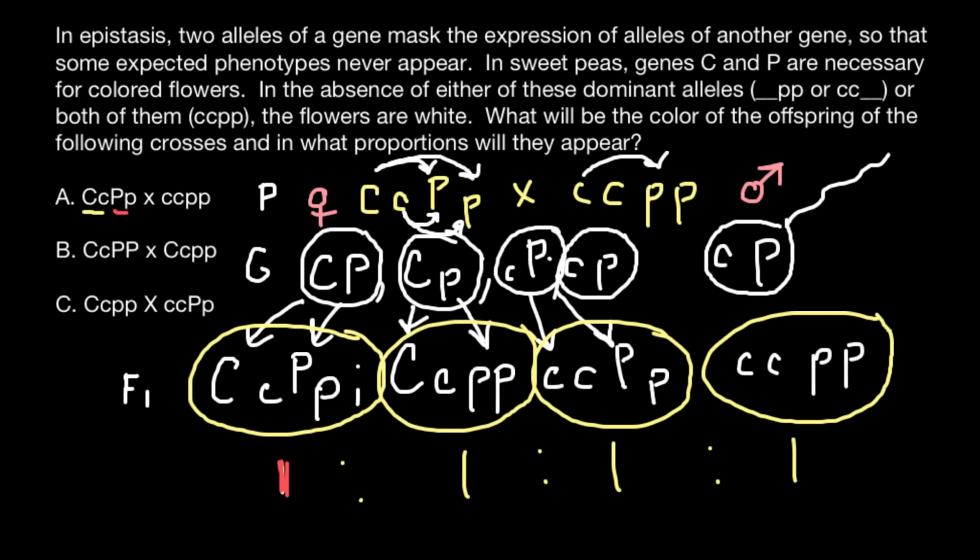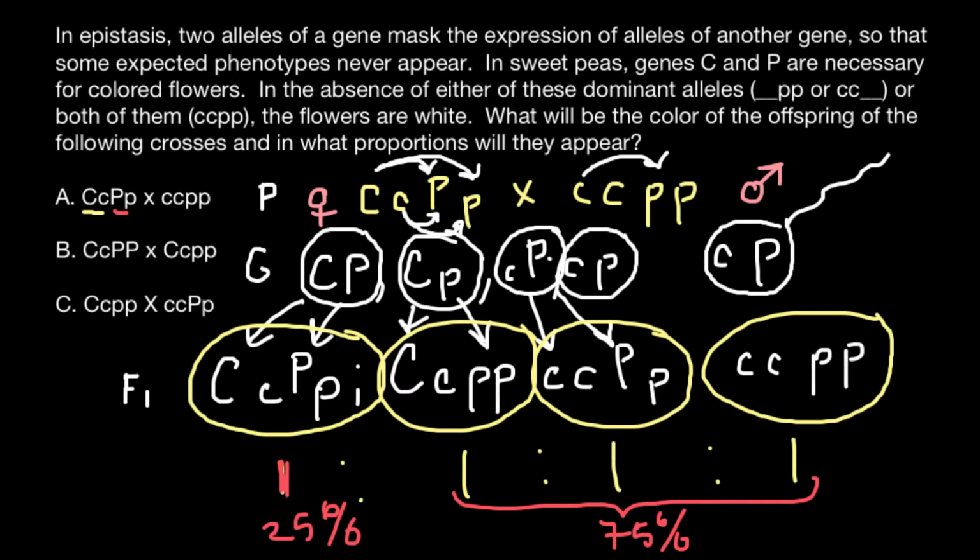So we have 25% plants that would have flowers with color, and 75% that wouldn't have color. So the ratio would be 1 to 3 or 25% to 75%.